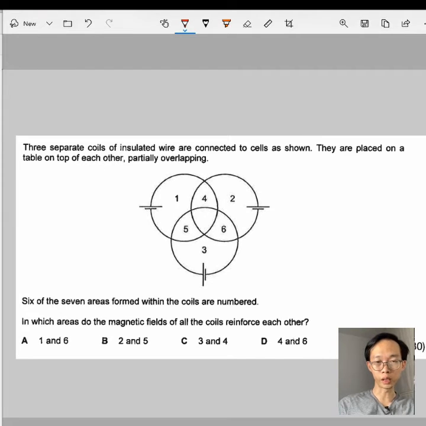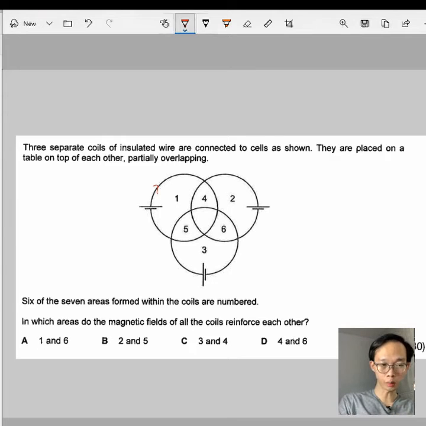How are we going to analyze this question? We know that for each of these coils, there will be a current flowing in the coil, and because of the current, there will be a magnetic field generated. So for example, for this first coil here, the current will be flowing in this direction. Then we can use the right hand grip rule to figure out which direction the magnetic field will be in.